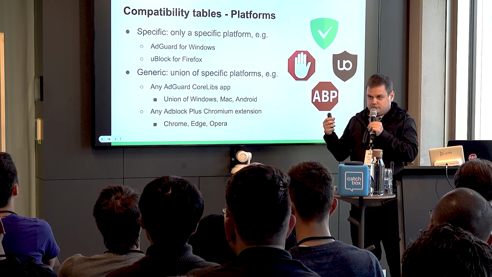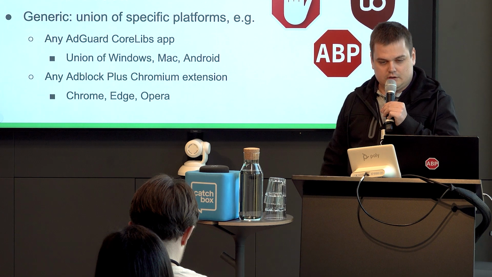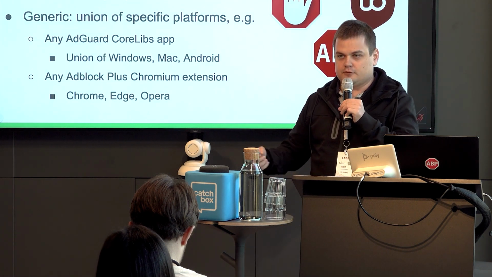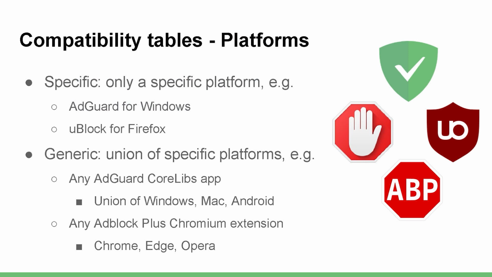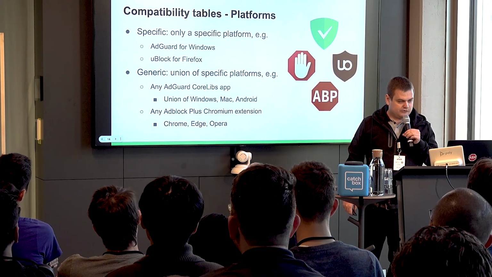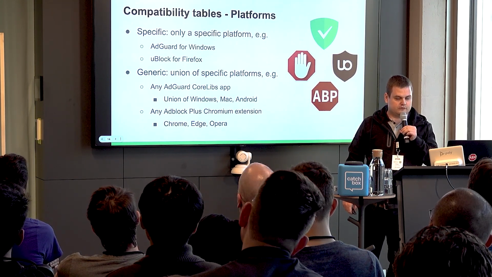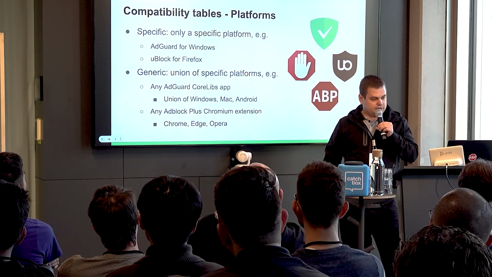And in a bit more detailed version, we need to distinguish between two main platform types. The first is the specific platform, such as AdGuard for Windows. It's quite specific. But in many cases, we don't need such a strict categorization.